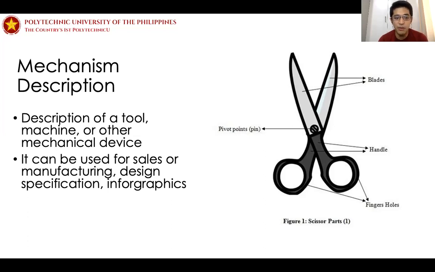It can also be used in sales or in manufacturing, in design specification or infographics. Those who have backgrounds in sales or in design can probably relate to mechanism description. If you're familiar with different appliance manuals, you will see that there are a lot of mechanism descriptions there.